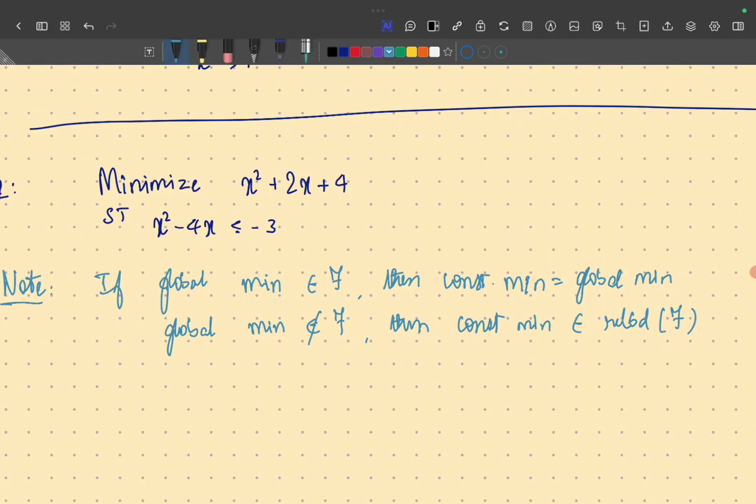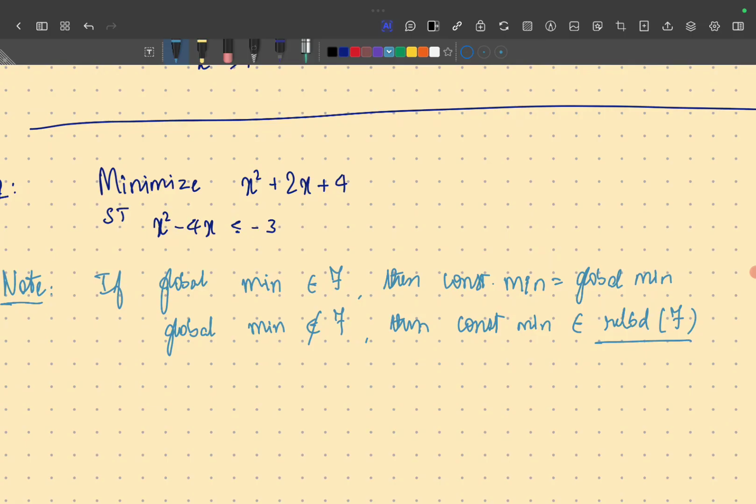Okay, so one point is that you're right that the constrained minimum should be a boundary point. But my question is, why can't an interior point be the minimizer? And I'm not talking just with respect to this particular example. I'm talking about more generally.